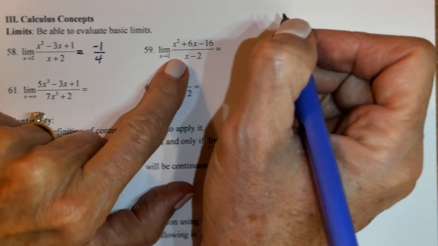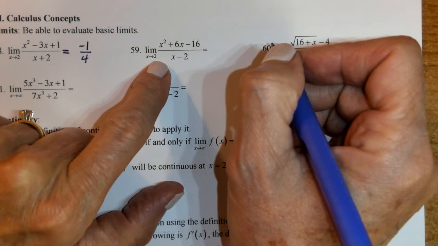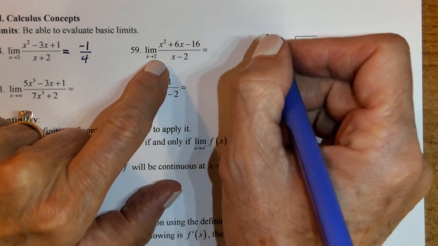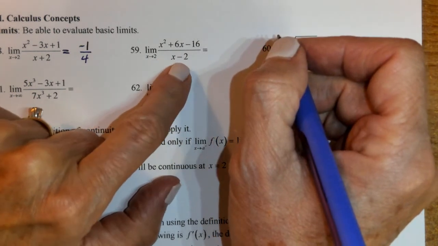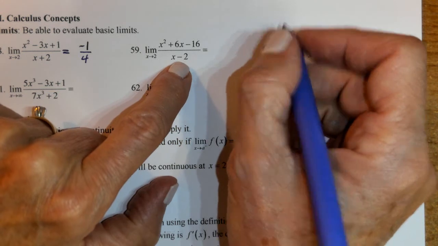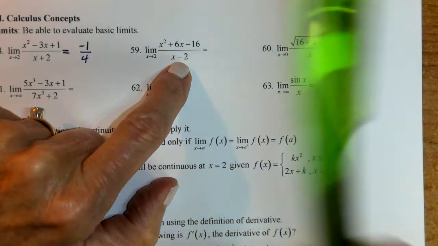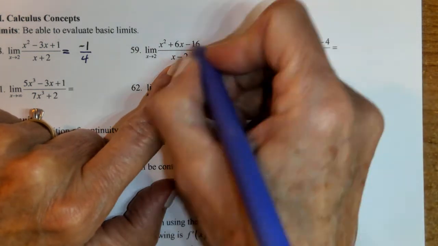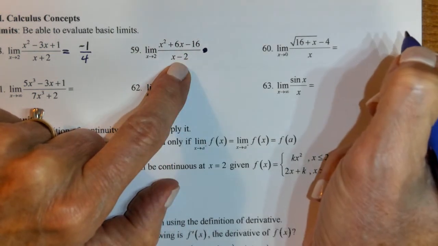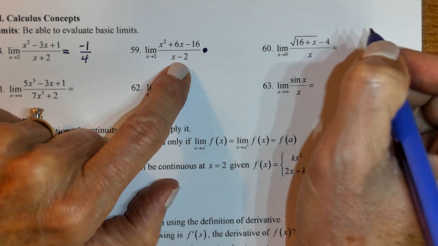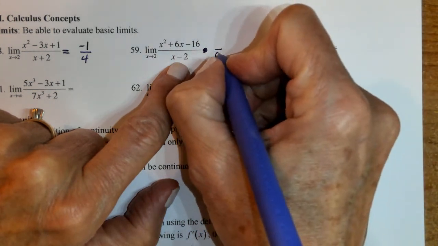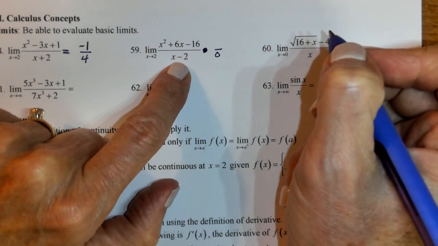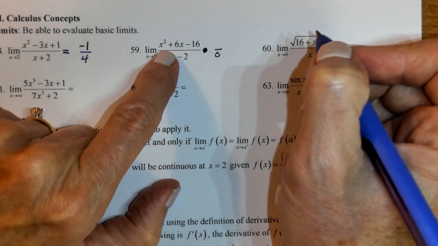In number 59 here, if we employ that same technique, just plugging in 2 for x, immediately I see that in this denominator I'm going to have a 0. So I know that I'm not going to be able to use this equal sign, because something with a 0 on the bottom is not going to be equal. If I plug 2 into the numerator, I want to see what's on top.